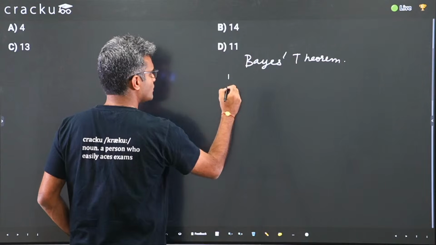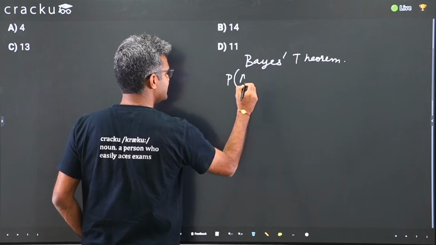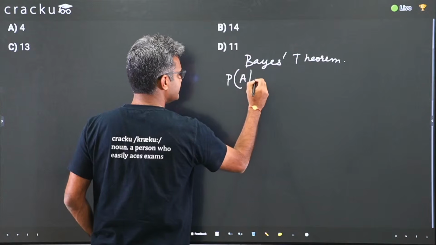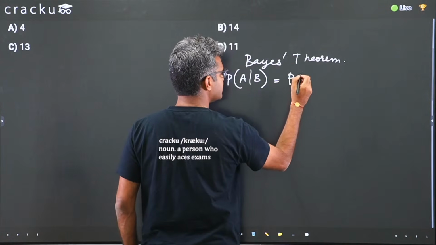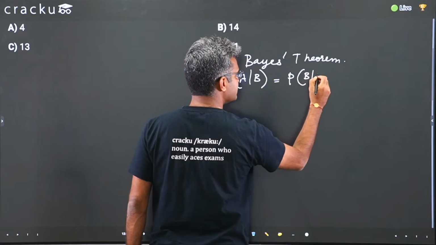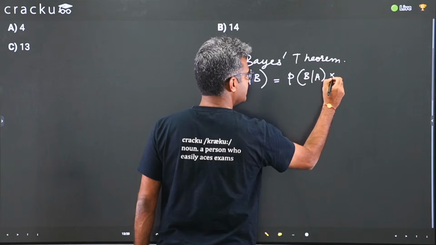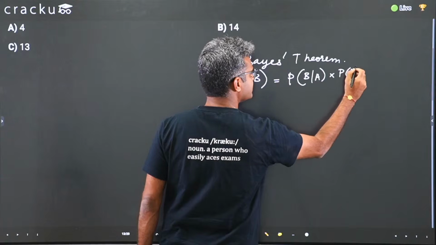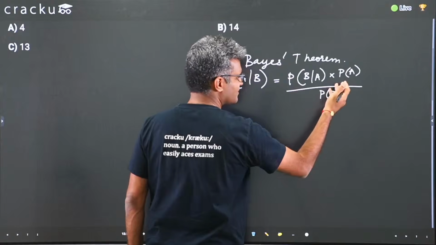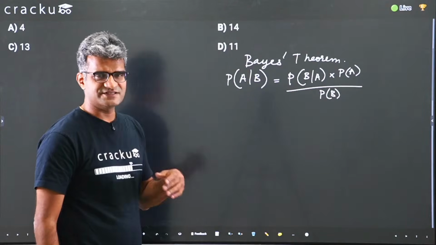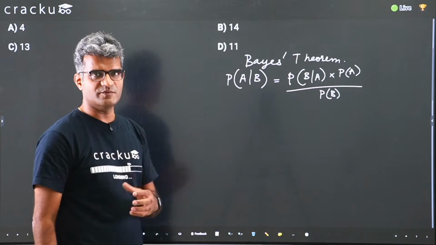Bayes' theorem says that the probability that event A has happened given that B has happened is equal to probability that B has happened given A has happened into probability of A divided by probability of B. Even though it sounds complex, it is actually quite intuitive if you are understanding probability well.